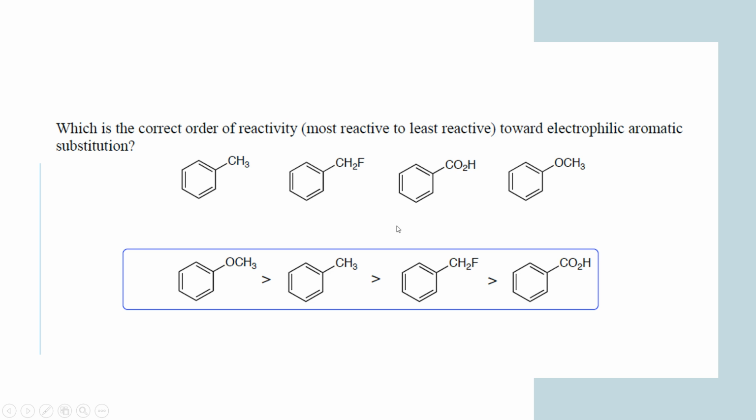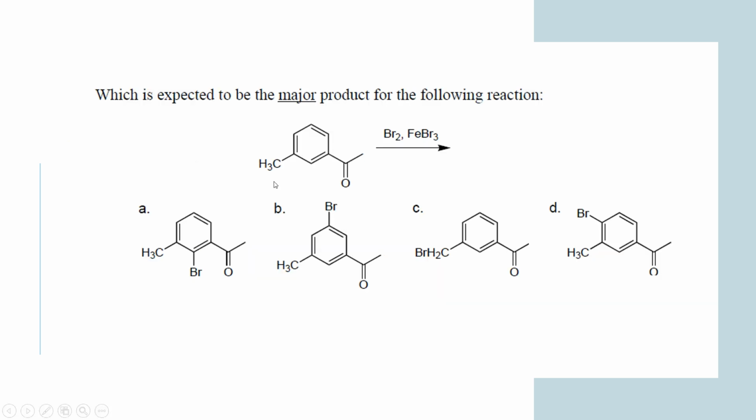Then we talked about this bromination reaction and we saw that ortho-para directing groups were dominating the meta directing group. Thus, due to steric reasons, option D we got as the major product in this reaction.